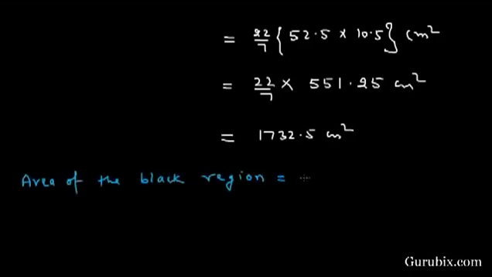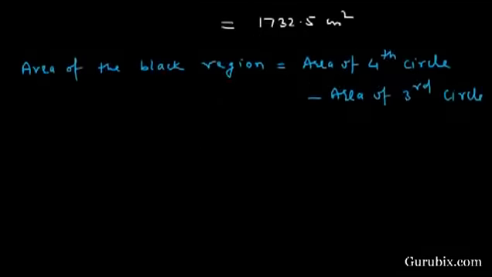Now we shall find the area of the black region. It will be area of the fourth circle minus area of the third circle. Area of the black region will be pi r4 square minus pi r3 square.